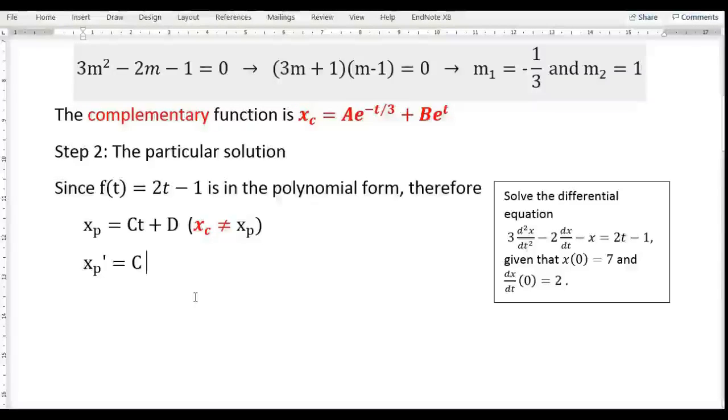Similarly, we need to find the double prime of this, because our expression comprises the second order derivative of x and the first order derivative of x. And because there is no variable t in this xp prime, therefore we get xp double prime is equivalent to 0.